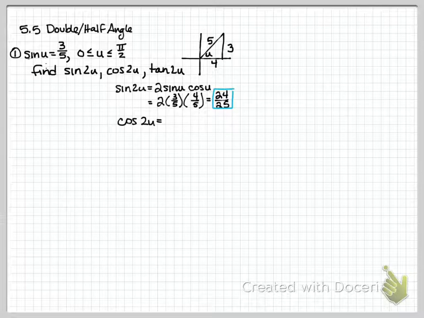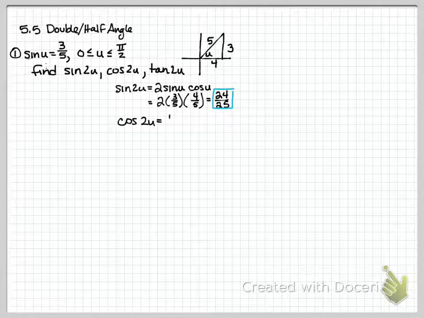The one you choose is based upon which one you're comfortable with. I'm kind of comfortable with all 3, and they gave me the sine to start with. So why not use the one that has sine in it, and only sine? That way I don't run the risk of making a mistake in my calculations of my triangle.